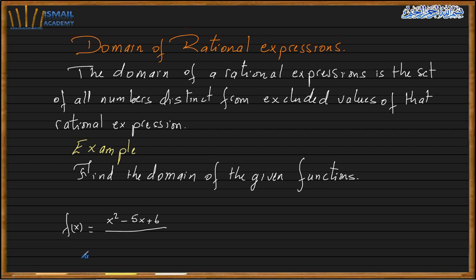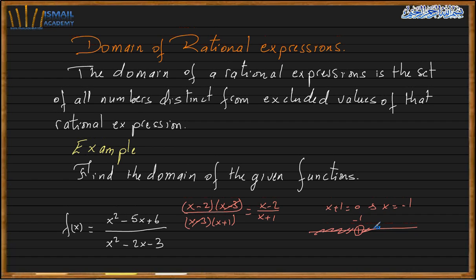So the first thing they do is factor and simplify. They factor this, then they cancel, and they end up having x minus 2 over x plus 1. After that, the only value that is not part of the domain is minus 1. Everything else is part of the domain.